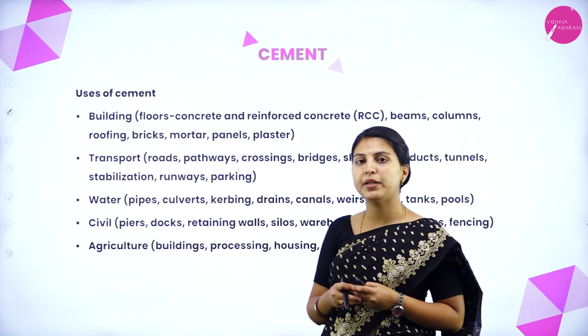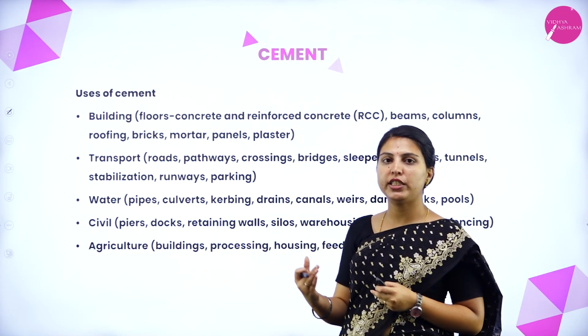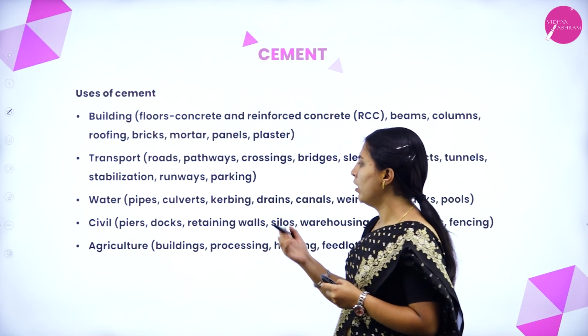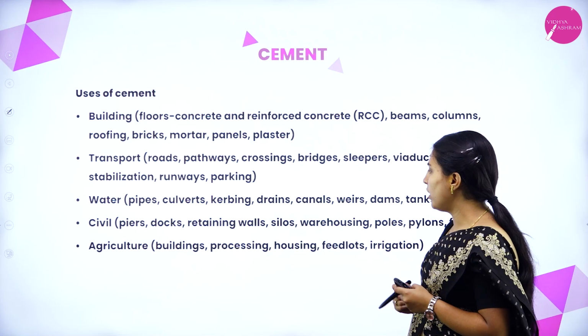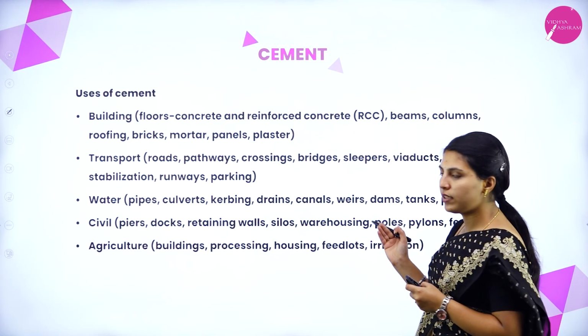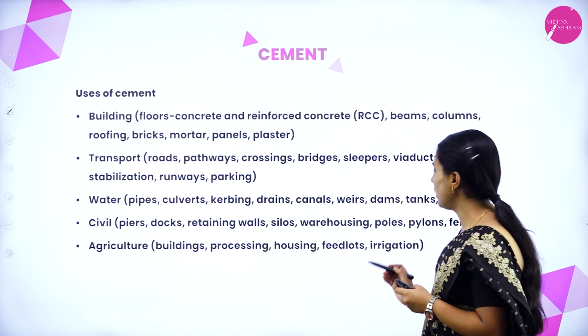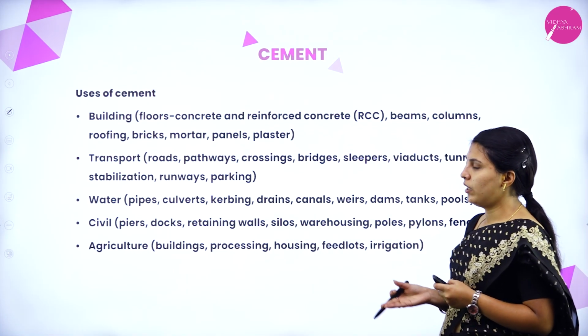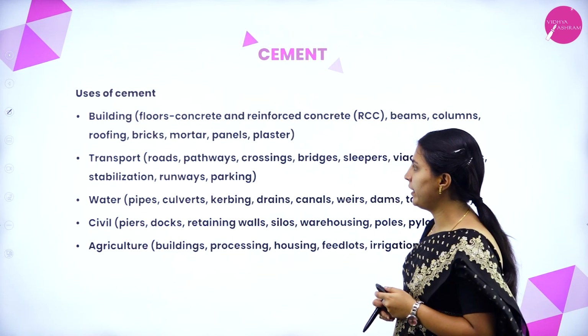So many years back, they were using huge cement pipes, but nowadays they are changing to PVC pipes also. Civil, like piers, docks, retaining walls, warehousing, poles, pylons like that. Agriculture, buildings, processing, housing, feedlots, irrigation. There are major applications of cement in the daily life.